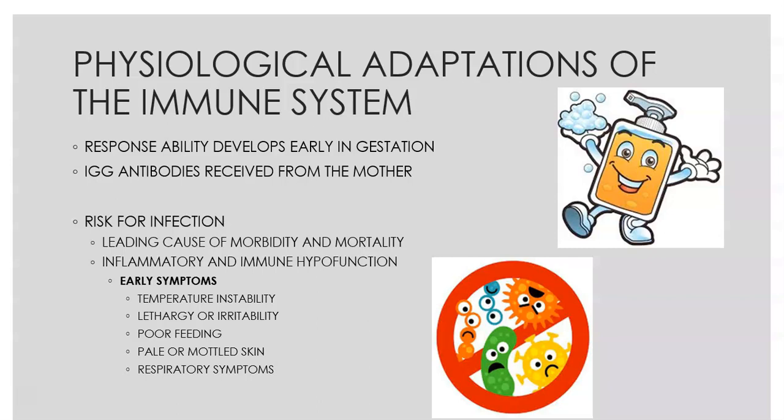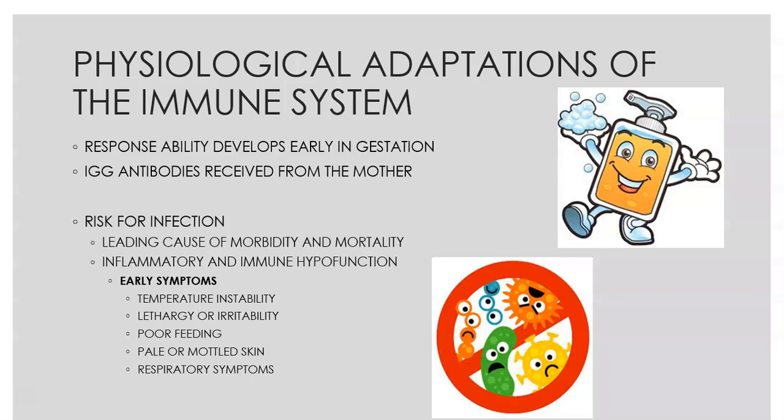But they do have a high risk of infection. They also have a high risk of reacting stronger to infections. So any baby that is less than 6 weeks of age, if they have an elevated temperature, automatically gets admitted for a septic workup, because the risk is so high, and because they can progress so rapidly.